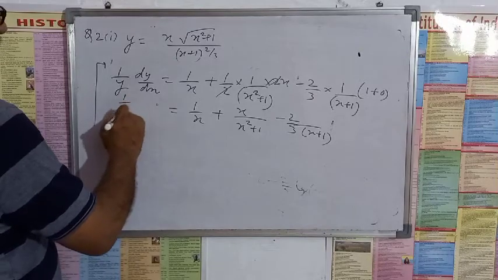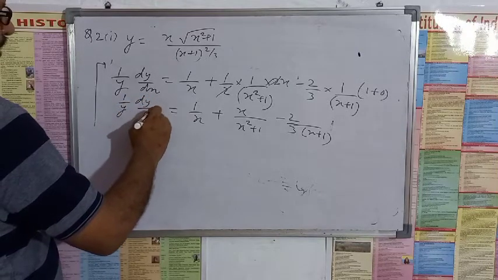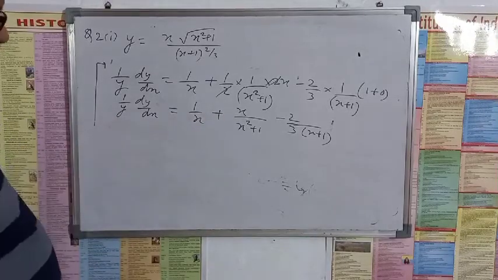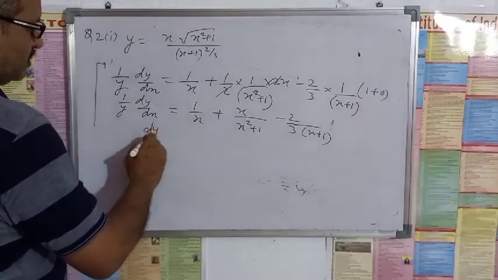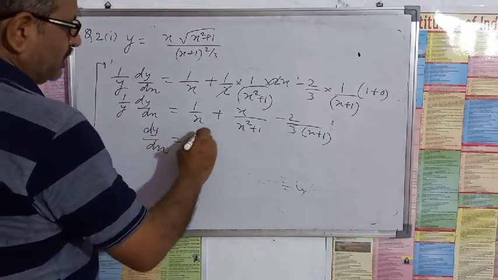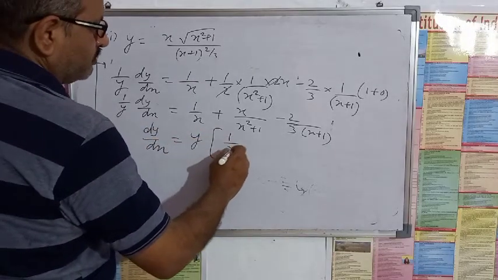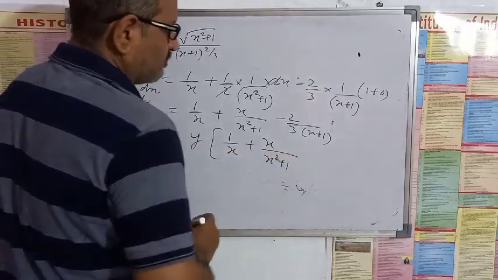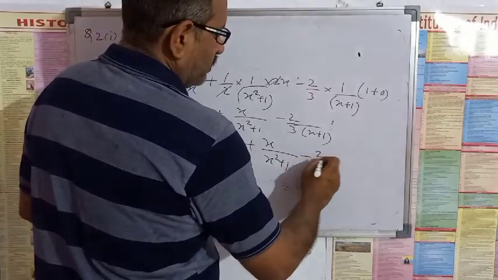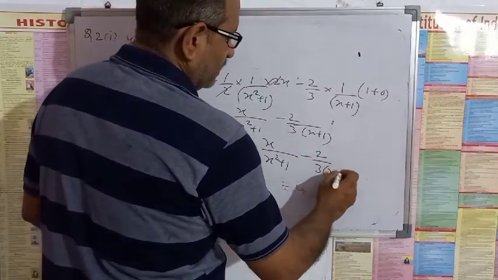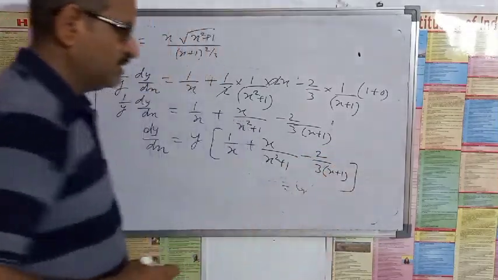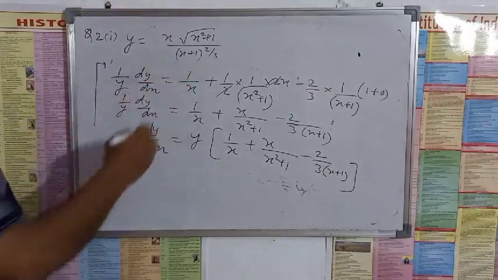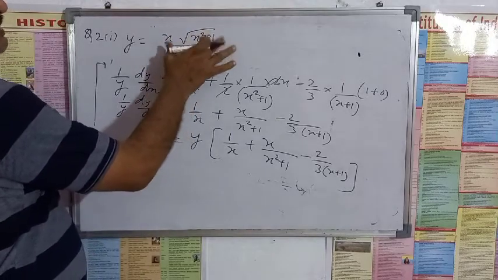So it is 1 by y dy by dx. Cross multiply by y. So dy by dx is equal to y into 1 by x plus x upon x square plus 1 minus 2 by 3 x plus 1. At last we have to put the value of y. So y is this one, put here.